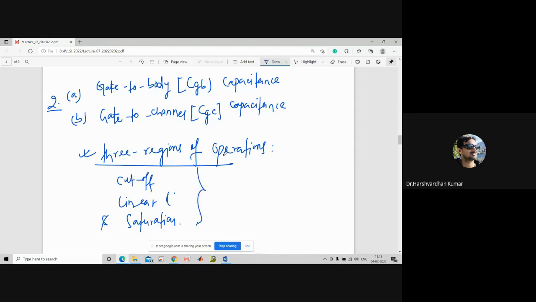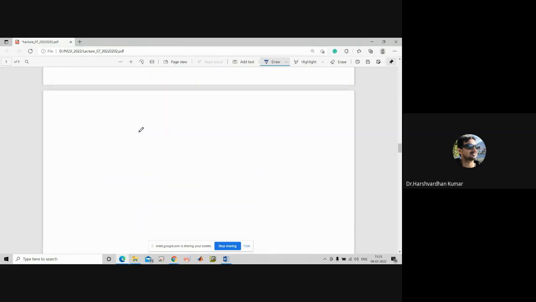Okay, so let us talk about the first capacitance, that is gate to body capacitance, 2A, which is represented by CGB.